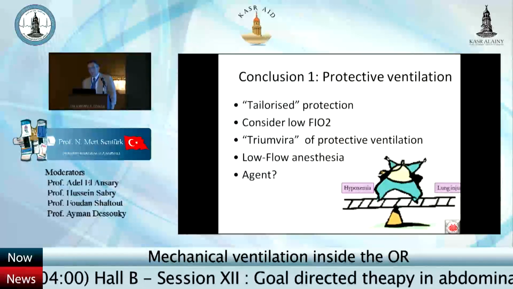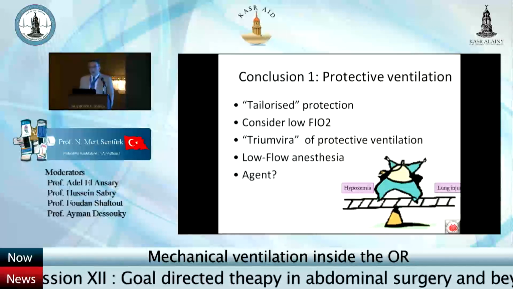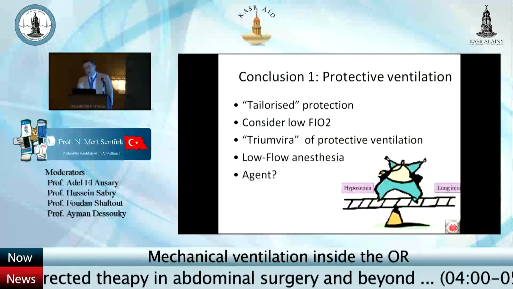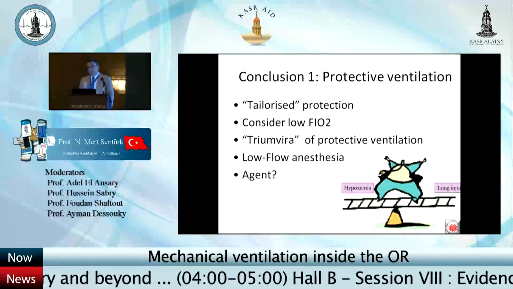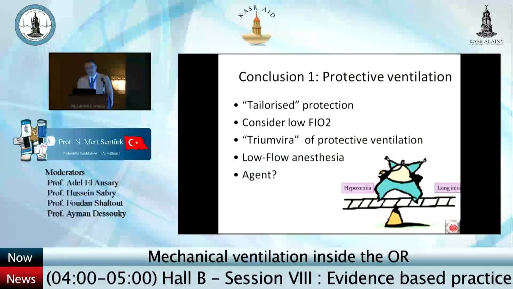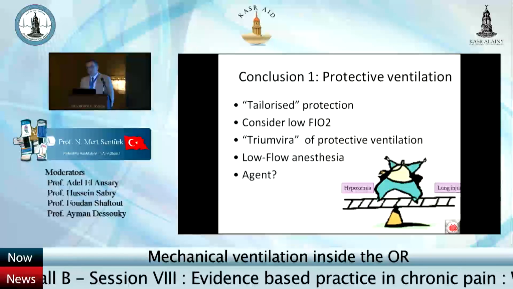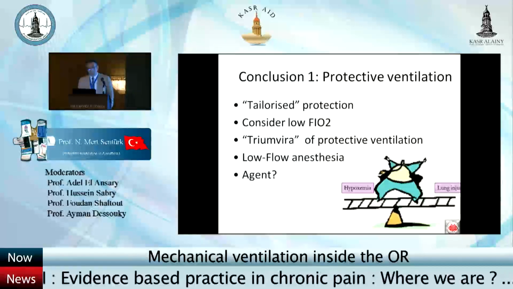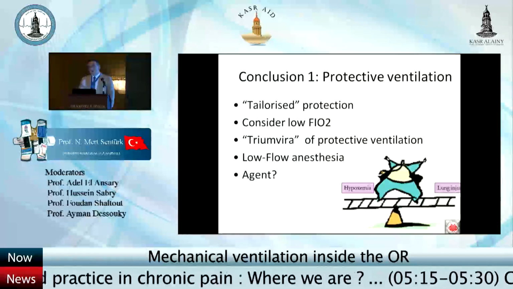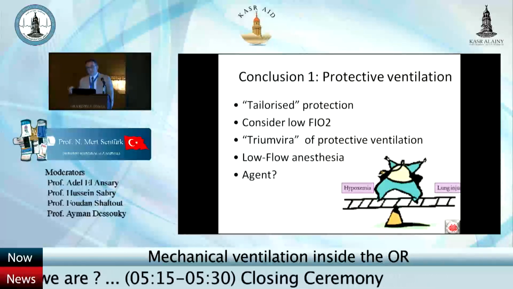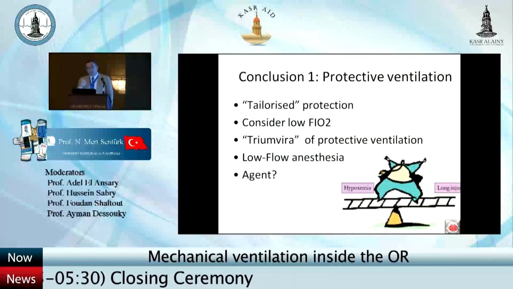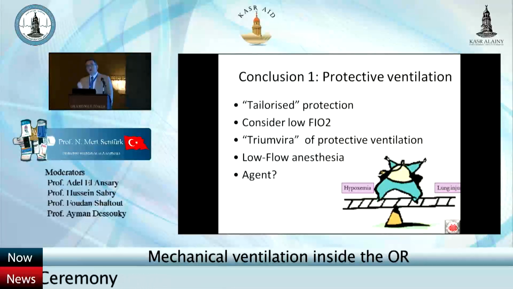So how about the conclusions? First of all, we have to use some protective ventilation, because mechanical ventilation, even for healthy lungs, is unphysiologic. And therefore, we have to adapt to the alveoli of each and every patient. We have to personalize our mechanical ventilation strategy.